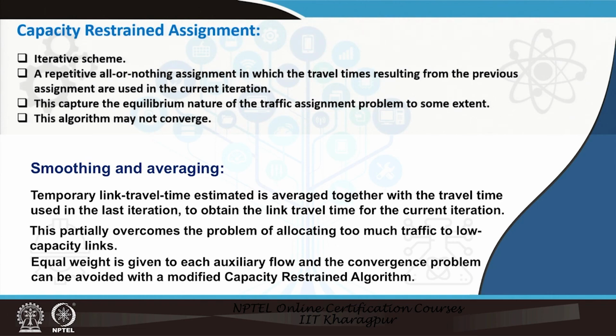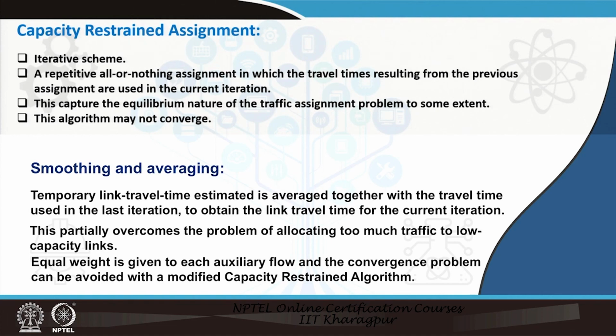So capacity restraint assignment is an approximation of achieving equilibrium. It's an iterative scheme, and a repetitive all or nothing assignment is done, in which all travel times resulting from the previous assignment are used in the current iteration. This captures the equilibrium nature of the traffic assignment problem to some extent, and the algorithm may not converge.